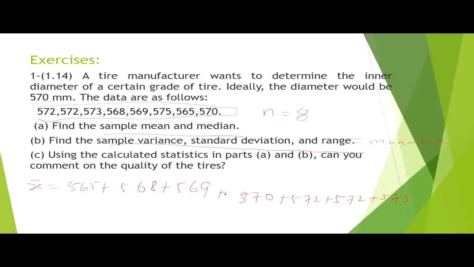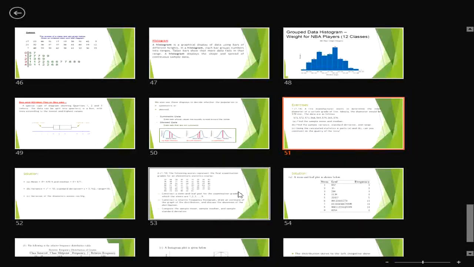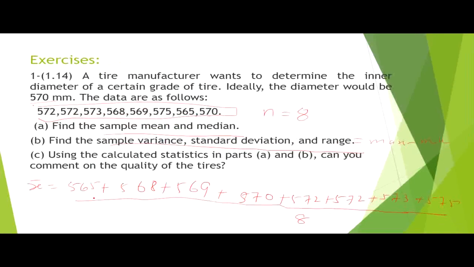How many? 3. There are 3 and 4, 3. What did I miss? And 5, 7, 5. Divided by 8. I have written them in ascending order, divided by the total number of elements. The answer is 570.5. So the average is 570.5.